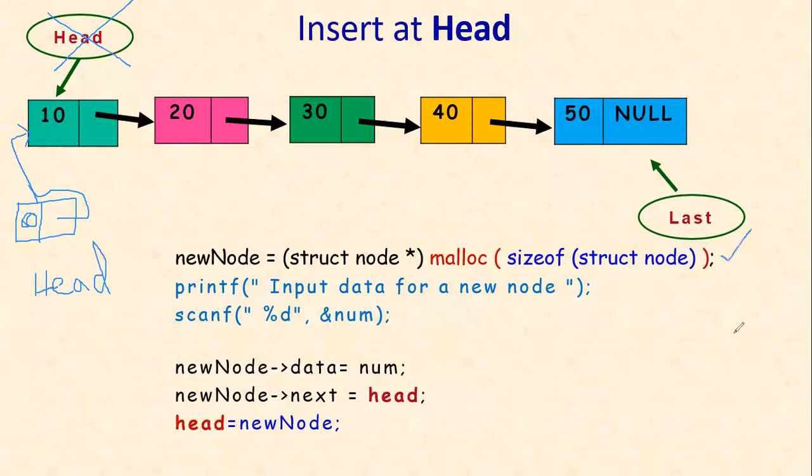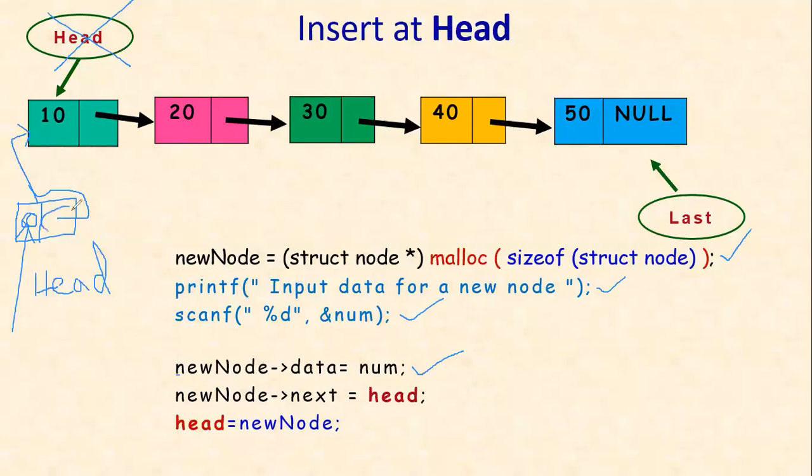So you have to create a node by the memory malloc function that allocates memory for a new node, and input a new value. First take a new value into a variable num, then this new value has to be transferred to the new node's data. Now what should I do?